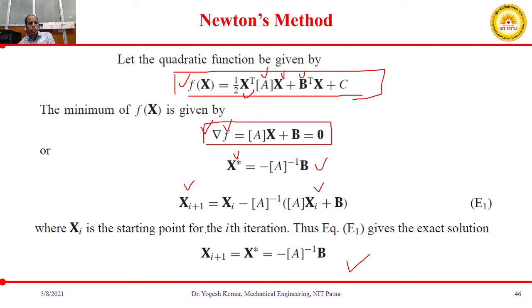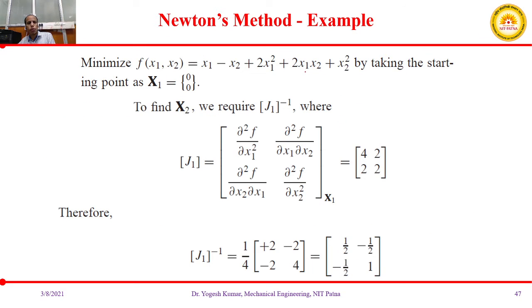Let us try to understand all these terms using a simple problem which is given below. We are continuing with the same problem, so that we know the solution of this particular function. We have calculated the optimum point for this function in previous examples, also using previous methods.